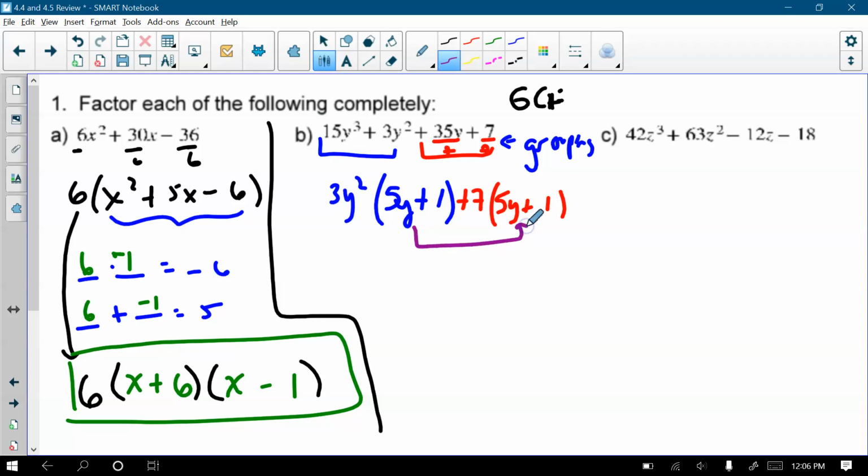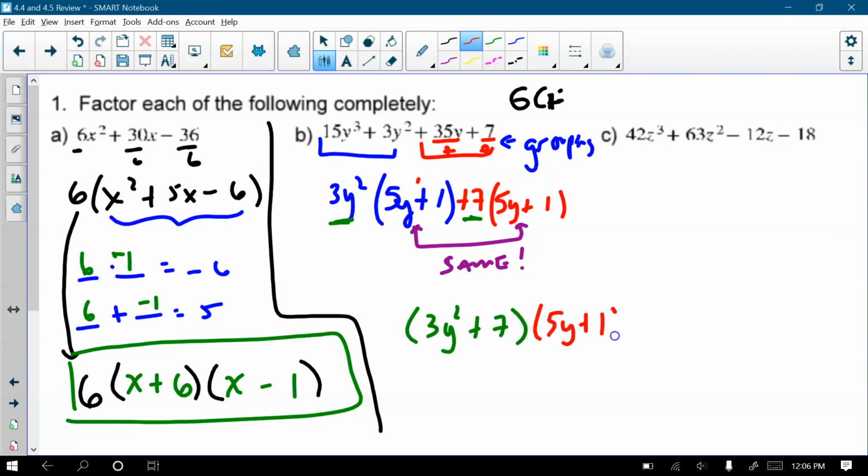These two must be the same to factor by grouping. Now my final answer is I combine these two on the outside in one parenthesis. So I have 3y squared plus 7. And then I just take one of the other ones, so 5y plus 1. That's my answer. Nothing else I can do.